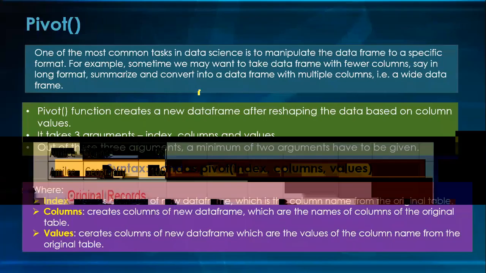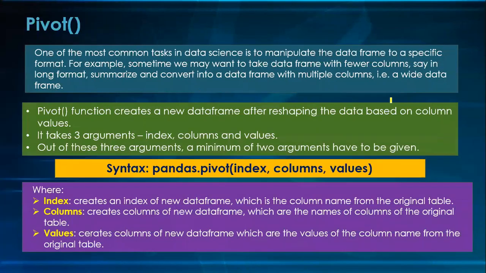Now let us see, according to your book's definition, what pivoting means. One of the most common tasks in data science, we are studying data science, Python is a part of data science, is to manipulate the data frame to a specific format.